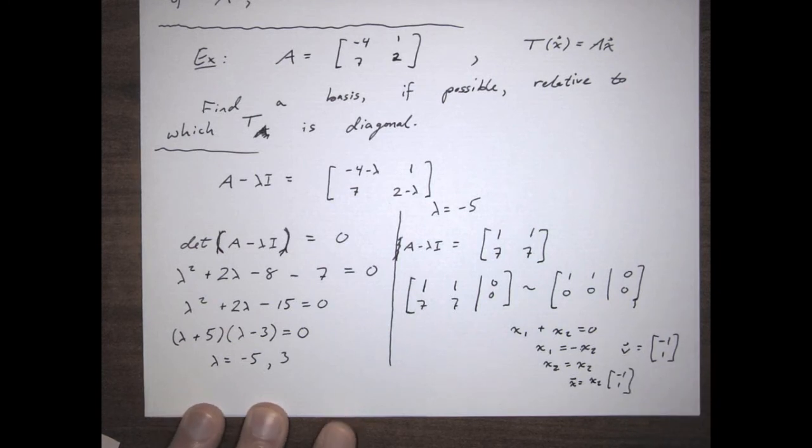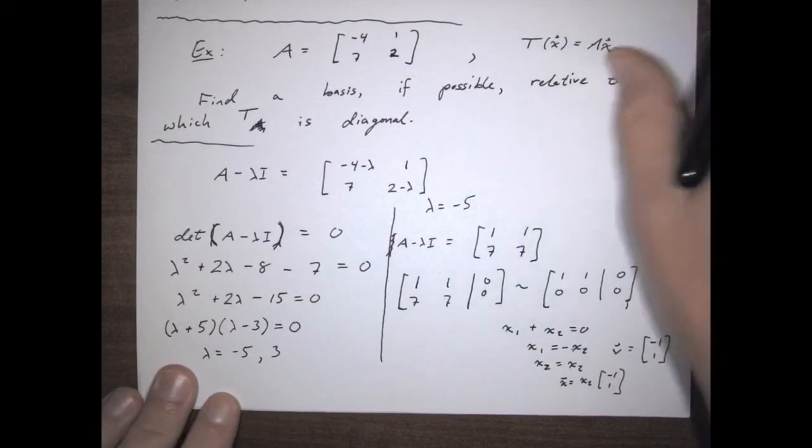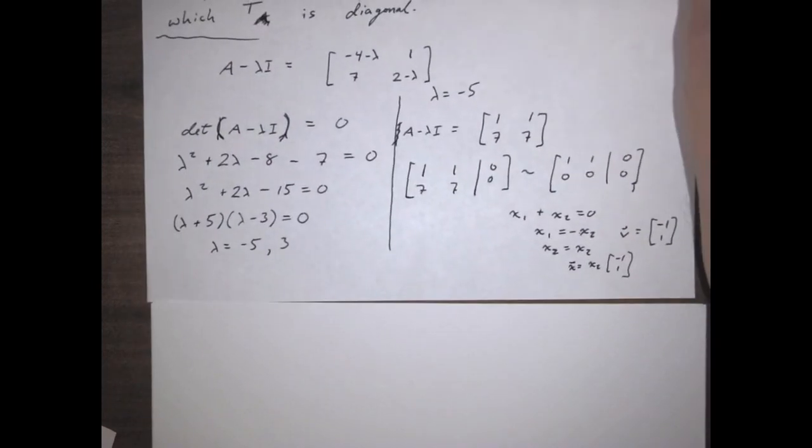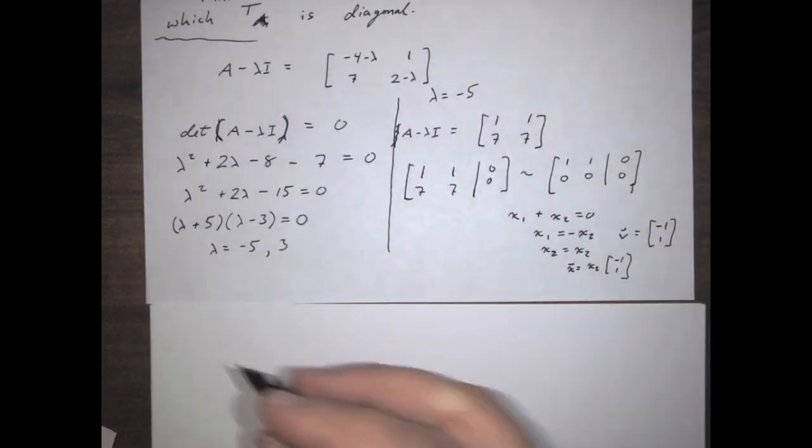There's no reason for me to go around picking anything too creative for x2 here. Just the value of 1 will be good enough, and that gives us an eigenvector of negative 1, 1.